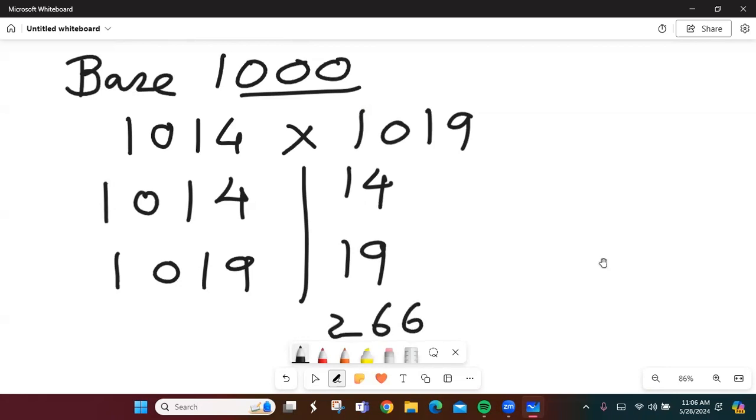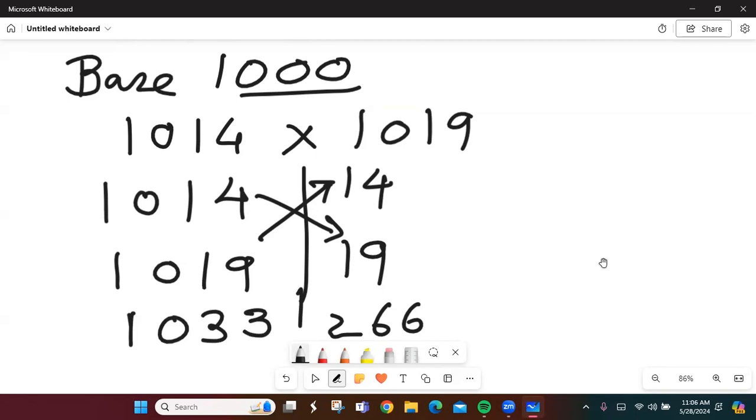And as you can see here, either I add 1019 with 14 or 1014 with 19, I'm going to get 1033. And since I am dealing with base 1000, in the cell on the right side, there will be 3 digits.